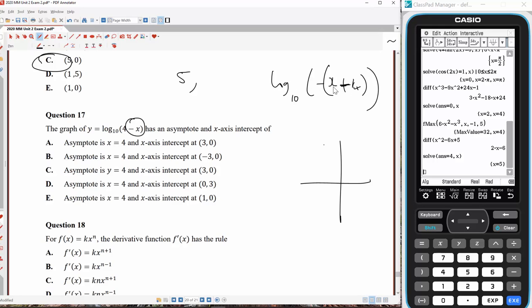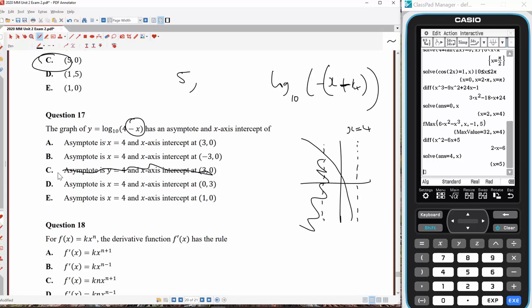If you want to picture this graph, it's asymptotic along there, and it goes like that. Let's just check it, 0, 4. Yeah, that's it there. So that's going to mean it's got an asymptote along the line x equals 4.